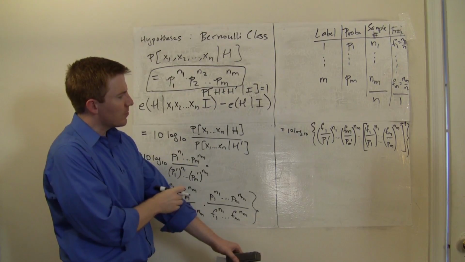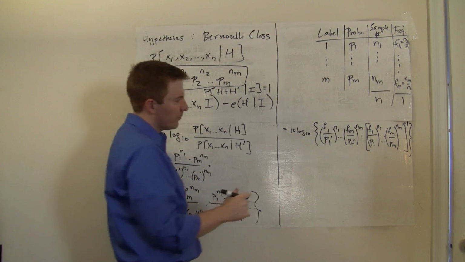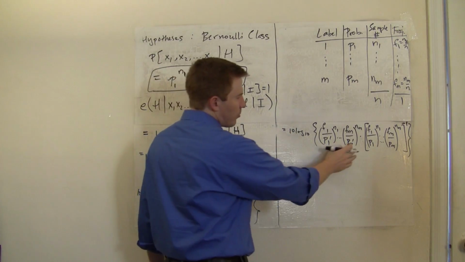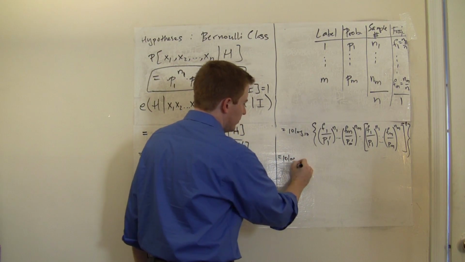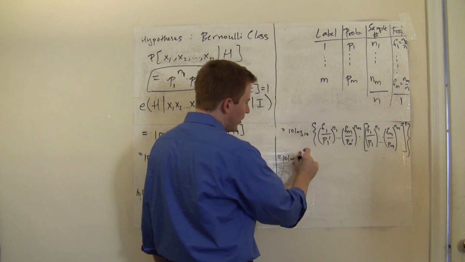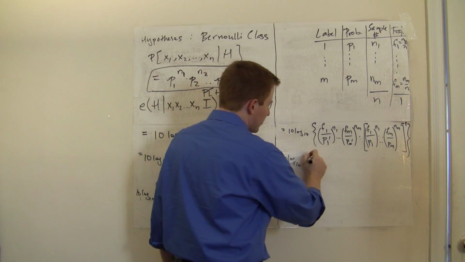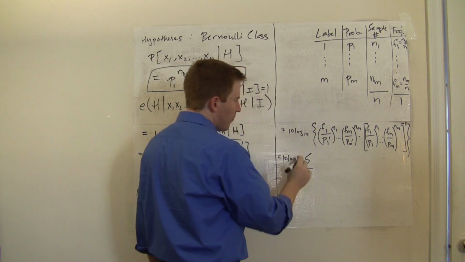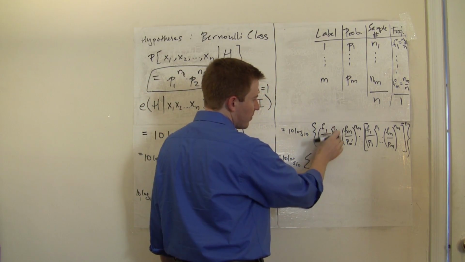Still working this through, but it might start to look suggestive here. We have a log of a product of things, so we can write that as the sum of the logs. The log of each one of these is now the log of something to an exponent.